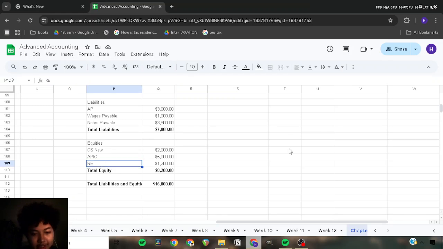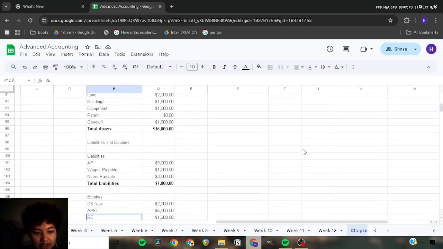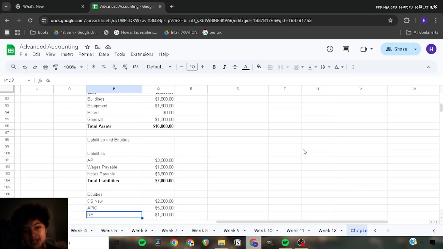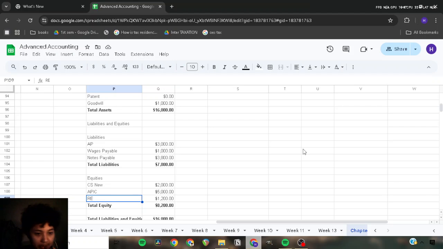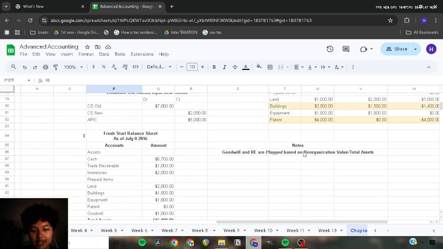And I also put retained earnings, to adjust to the total assets of 16K, which is based on the reorganization value. So the two plugs that I use here to adjust to the reorganization value are the goodwill on the asset side and retained earnings on the liabilities and equity side. But yeah, this is the balance sheet. This is how it looks, and I put the notes here as well.